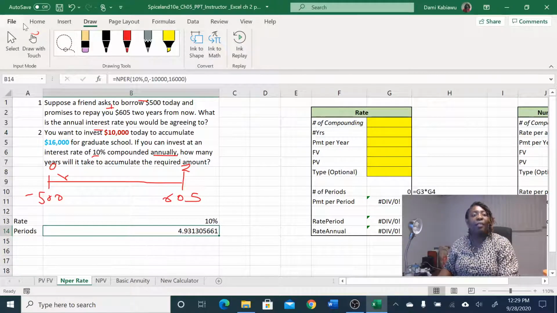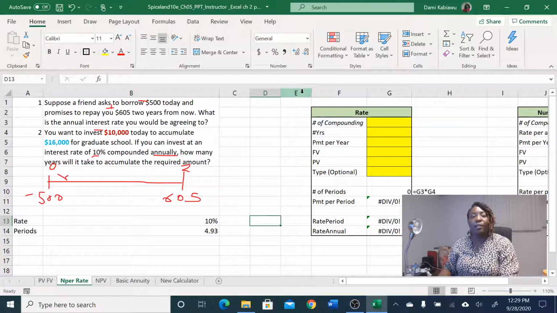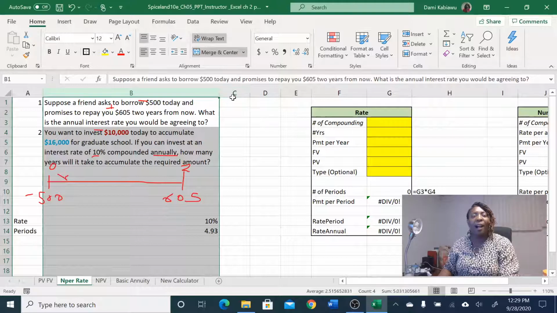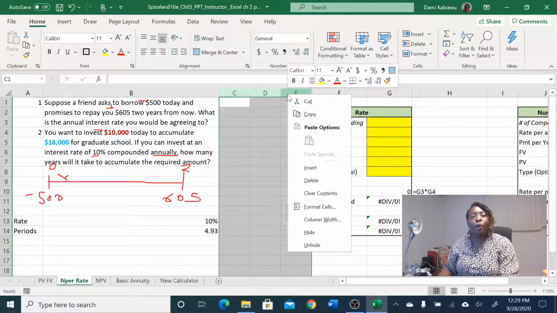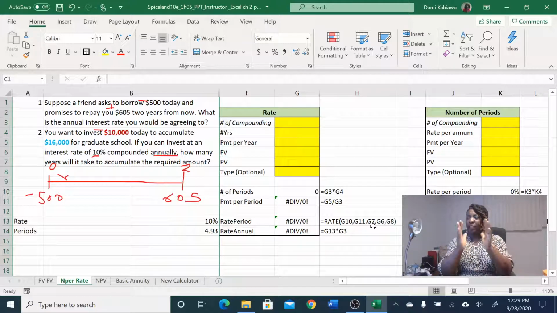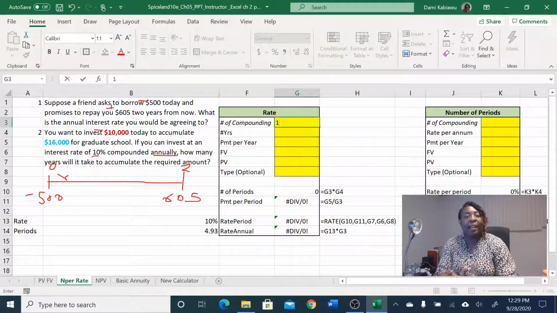So let's go do this. How about I reduce the decimal places a little bit? Now let's go do this using the calculator I built. I'm just going to hide a few columns so that my calculator is more in view. Number of compounding periods that we're going to do for question 1 is 1 period per year.